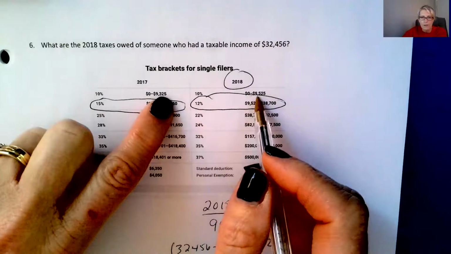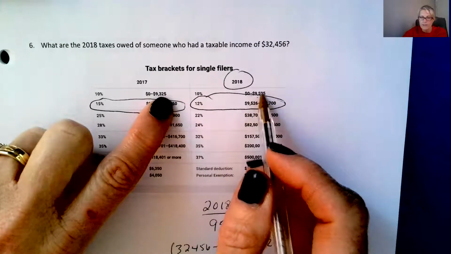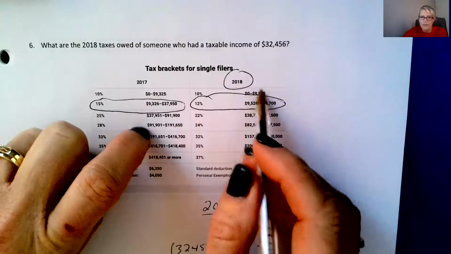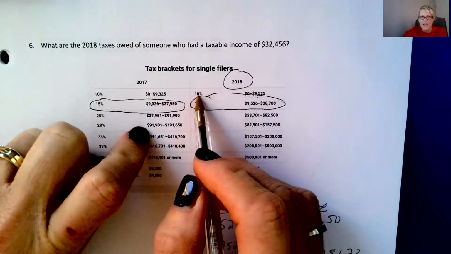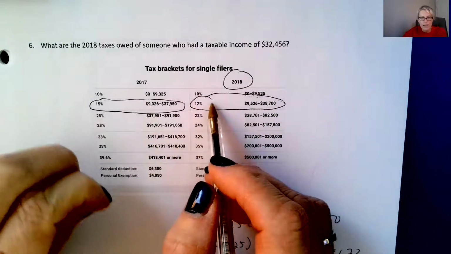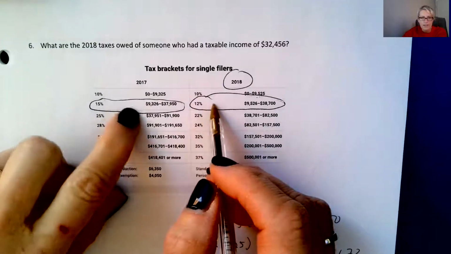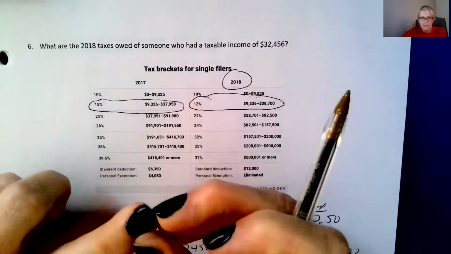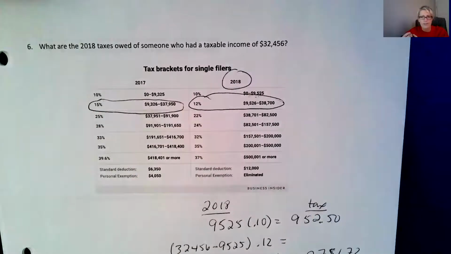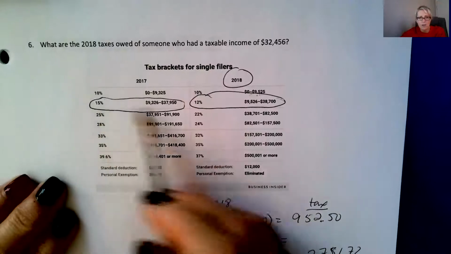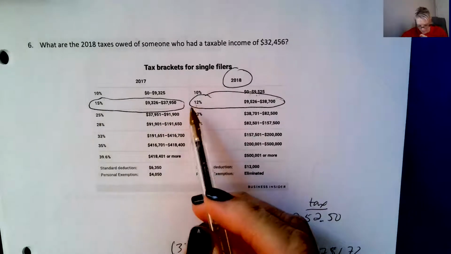Now in 2018, it went up to 9,525. So that's good. So there's more in 2018 that you're getting taxed at this lower amount. And look at the next level in 2017, the very next level that you're going to pay is 15%, whereas in 2018, it's at 12%.